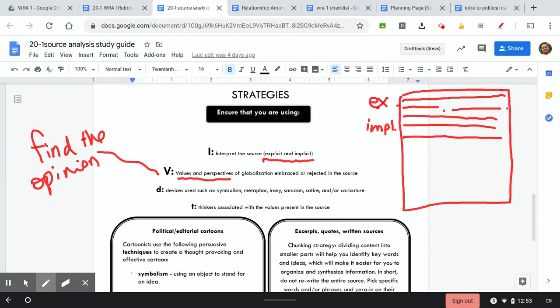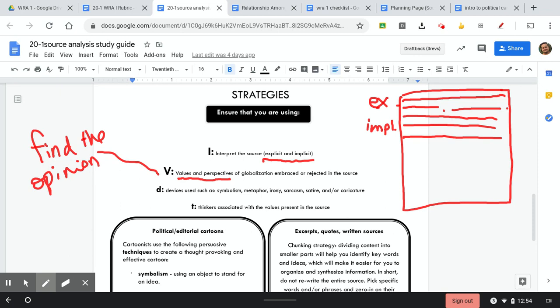Maybe they're saying it's a disaster. You need to identify that. In social 20, if we're talking about nationalism, it's imperative that you identify if the source would be a supporter of nationalism or if they would be against it, and try to find that degree to which. Globalization, you might want to use terms like the person is anti-globalization, the person is a hyper-globalist.